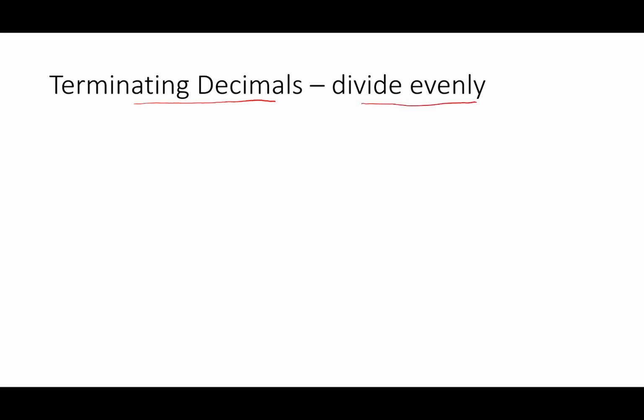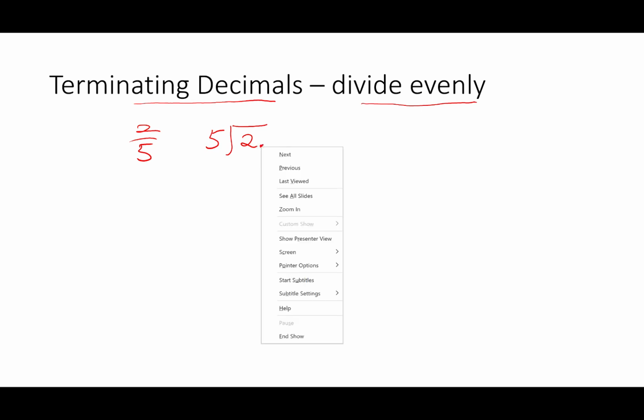So go back to our example earlier, 2 over 5. I get the numerator divided by the denominator, and there is an invisible decimal point behind 2, and 2 is not enough to be divided by 5, so I need to add one more 0 behind, so that will give me the decimal point here.